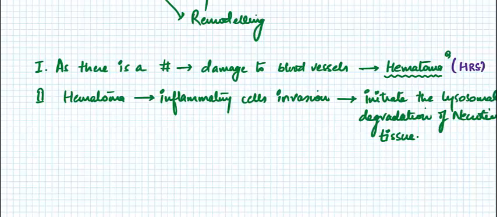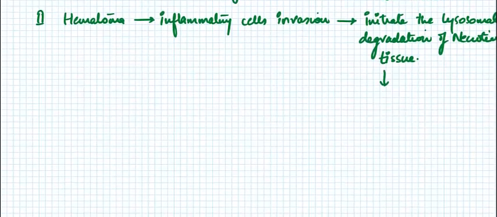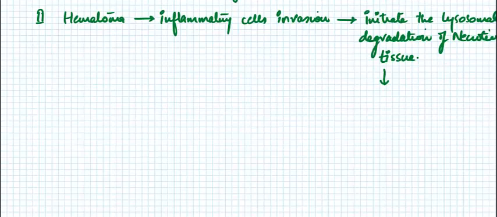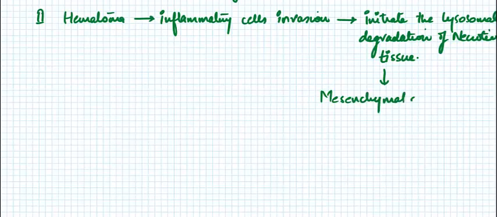This second process, what we are saying, the reparative phase: once the lysosomal degradation of necrotic tissue has started, then what happens? These mesenchymal cells differentiate into other kinds of cells, right? Mainly 3 categories.